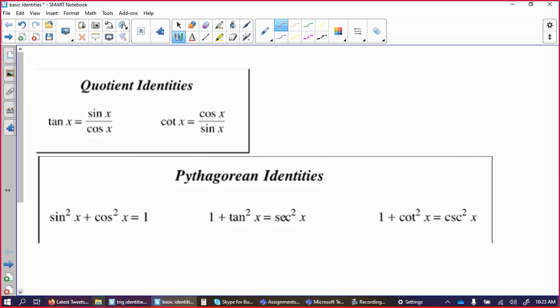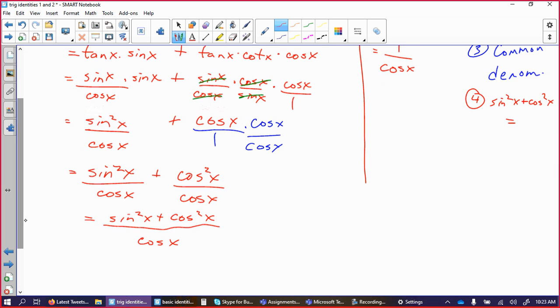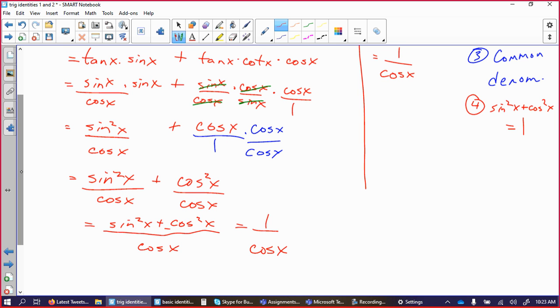So if I go down to here, sine squared plus cos squared equals 1. Well, that means I have 1 over cos x. Is that what we had up above? Now they both equal. Left side equals right side. And we are finished with that one.